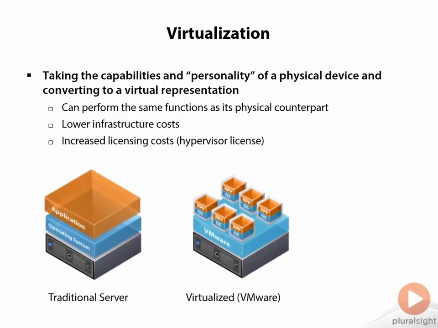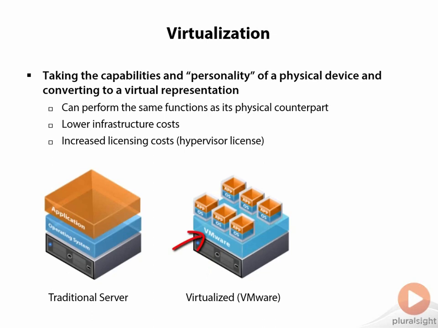Here you see in a traditional server, we have the server at the bottom. We install an operating system on top of that server, and then we install our applications on top of the operating system. That's just a typical server rollout or a typical workstation. In a virtualized environment, it works basically the same amongst all of the virtualization platforms. We have our server or our cluster of servers, and we lay the hypervisor on top.